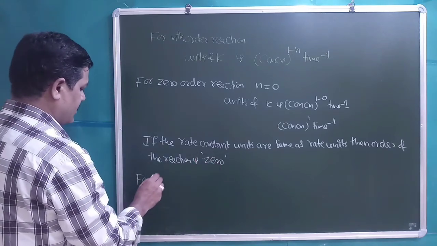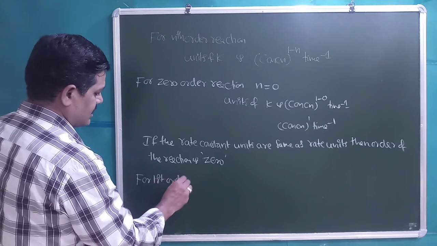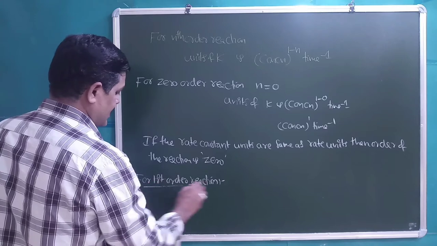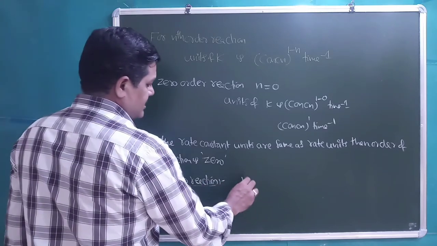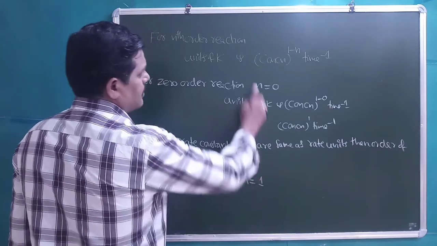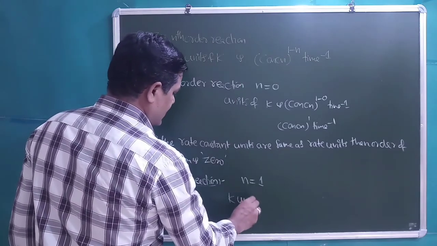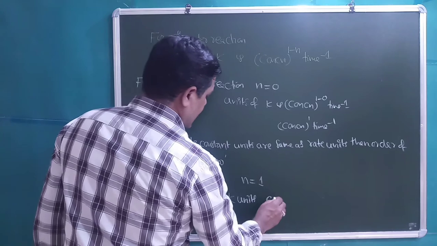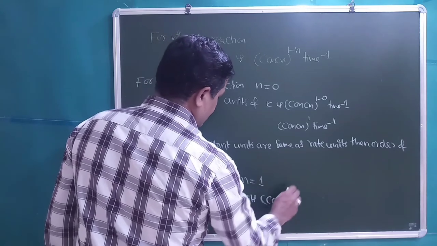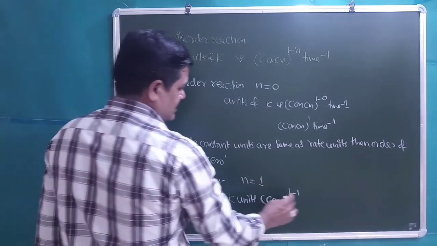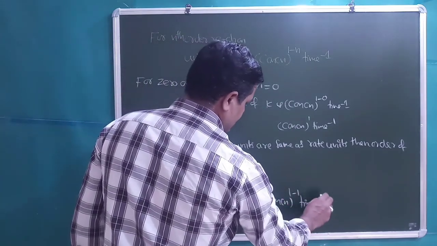Students, similarly for first order reaction, let us substitute n is equal to 1 in this formula. K units, rate constant units, are concentration power 1 minus 1, time inverse.